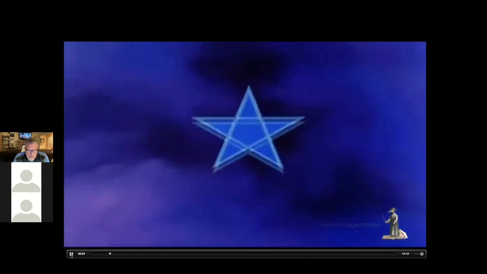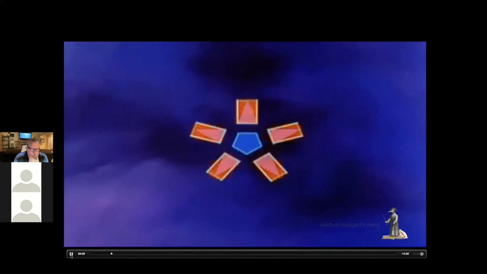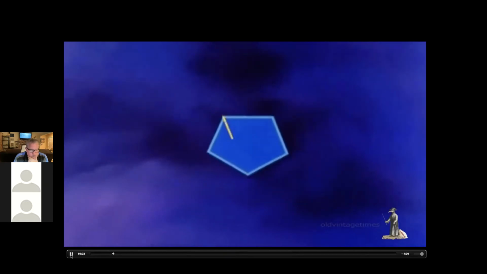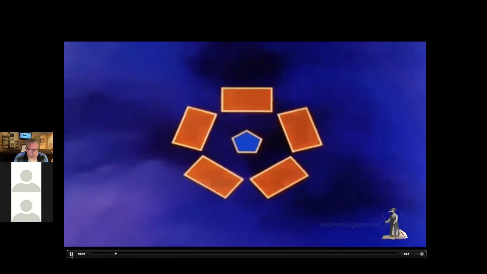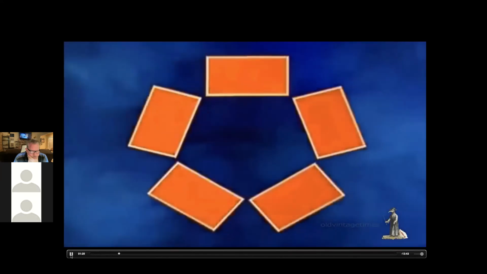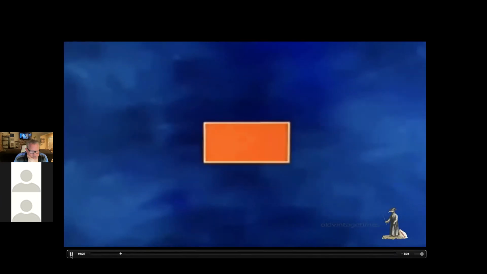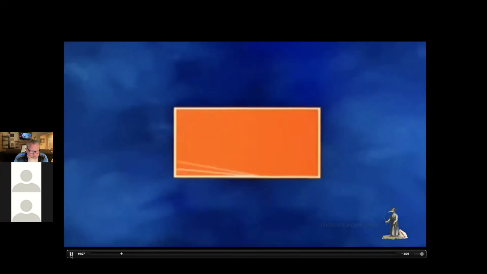The star contains the golden rectangle many times over. It's a most remarkable shape. It can mathematically reproduce itself indefinitely.